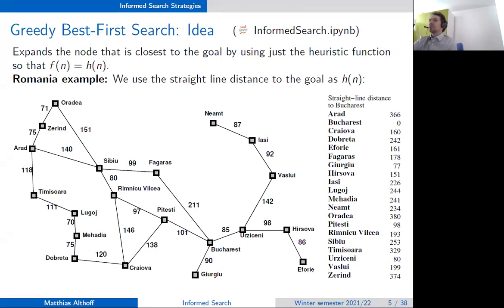What we're going to use here is the straight line distance to the goal. For each city, we know the distance of the straight line between the city and the goal. Of course, this is always less than the real distance. The optimal distance, of course, we have to figure out through search. But based on the straight line distance, we can figure out, for instance, that going to Dobreta is maybe not very smart, because first of all, you have to travel a lot, and then the remaining straight line distance is still quite long.